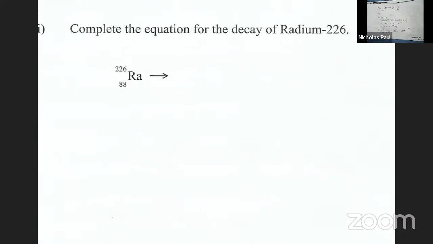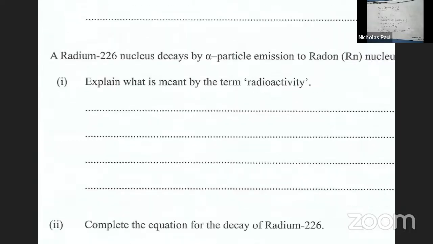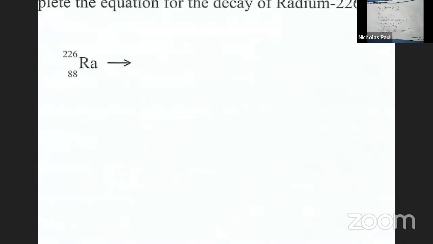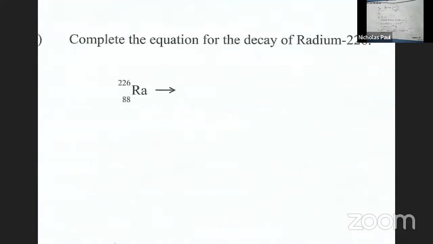Complete the equation for radium. Remember, it became radon by alpha decay. Underwent alpha decay to become radon. Write that out fast. You guys should do it. Yeah, alpha decay.